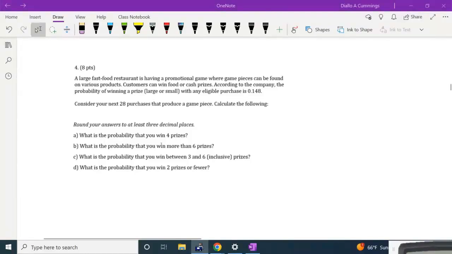And lastly, is there a fixed number of trials? 28. So this is a binomial distribution. So we have N is 28, P is 0.148.